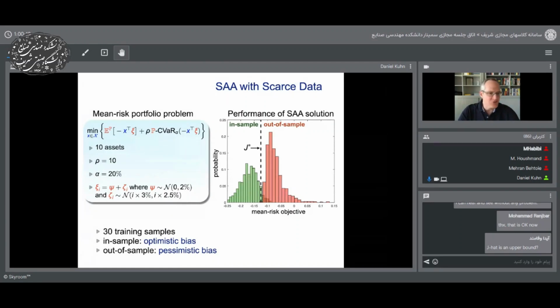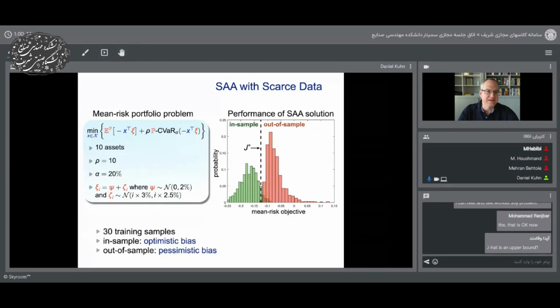Now, if I generate a huge number of samples, I can also, with very high accuracy, solve the true problem, where essentially the true distribution is known, and the optimal value J star is visualized by the black dashed line on the right-hand side. So what you can see here is actually the optimizer's curse that we've seen before. The in-sample results are too optimistic, right?